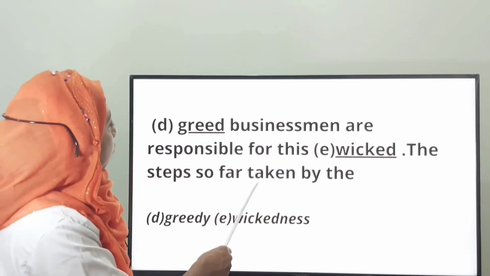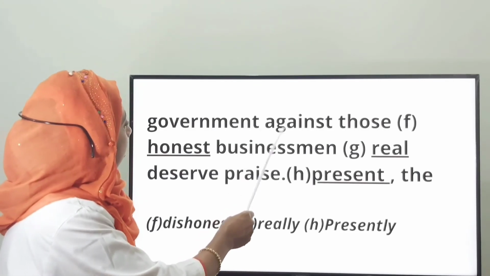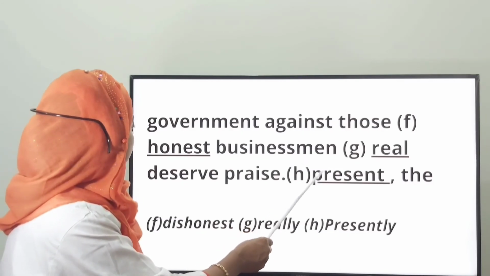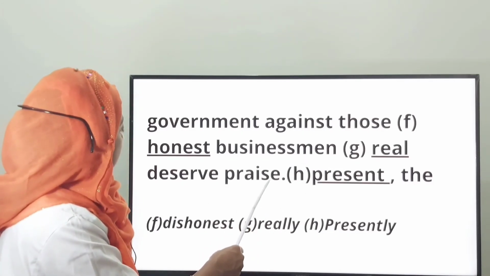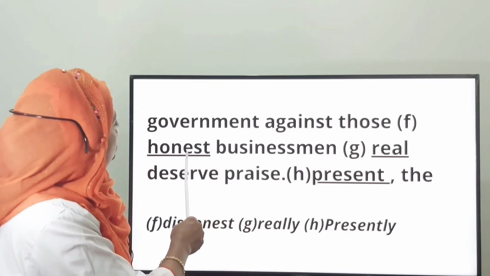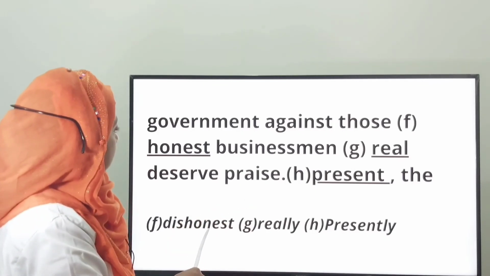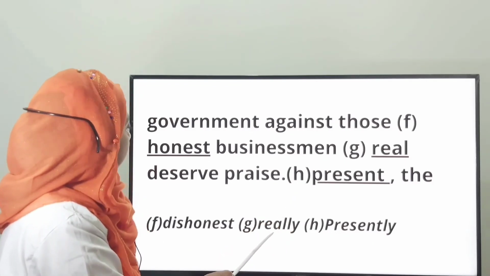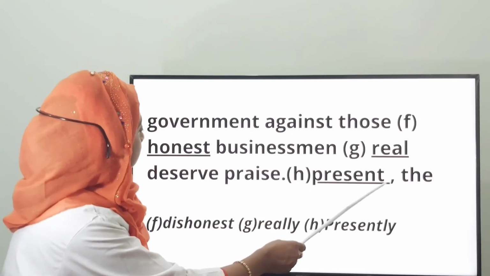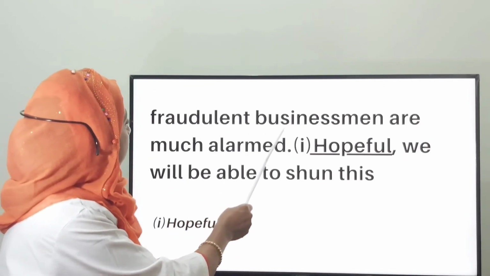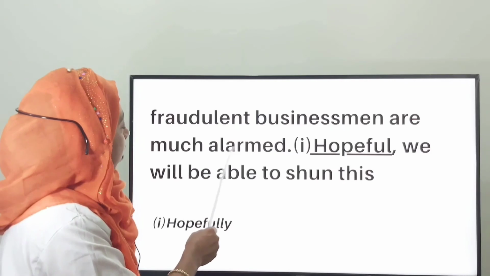The steps so far taken by the government against those honest businessmen real deserve praise. Dear students, you know these words: honest becomes dishonest and real, the answer will be really, an adverb. Present the fraudulent businessmen are much alarmed.